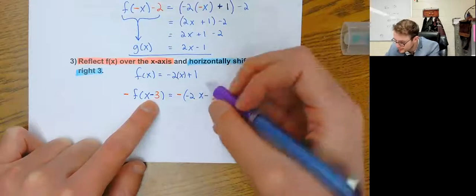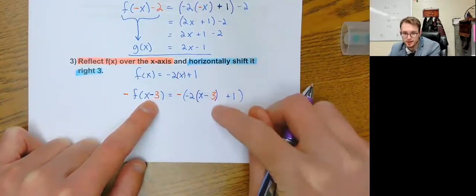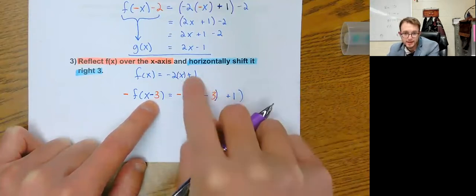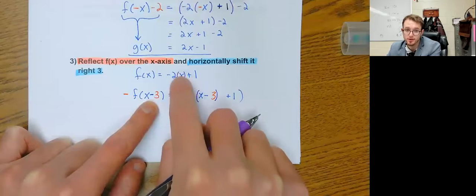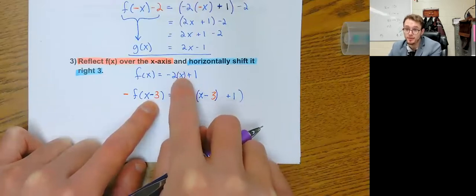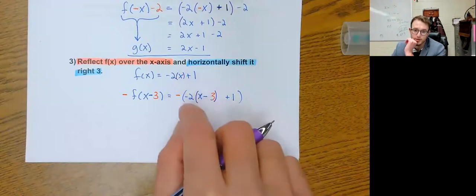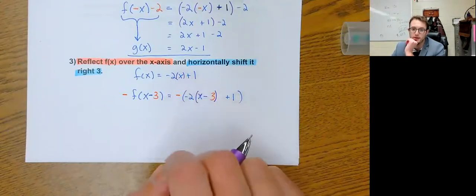What it is is negative 2 times x minus 3, plus 1. Because I subtracted on the inside of these parentheses, just to the input. I subtracted 3 off of the input, off of the variable, not off of the 2x. I didn't do negative 2x minus 3. I did x minus 3 to the input.